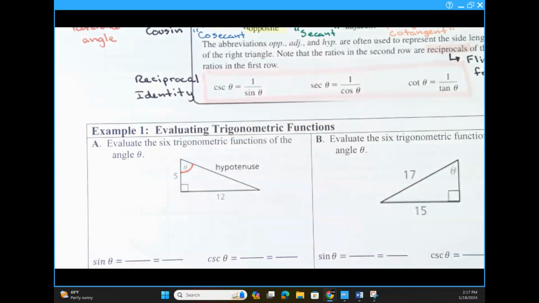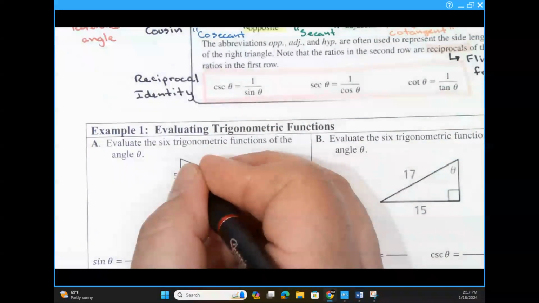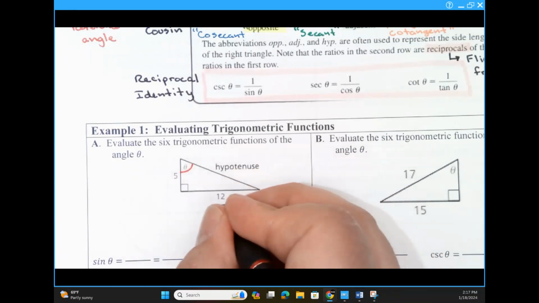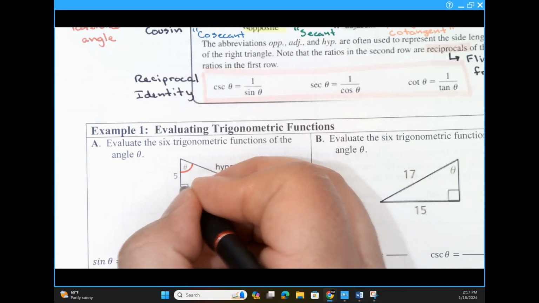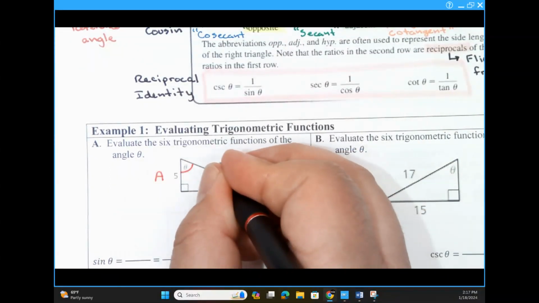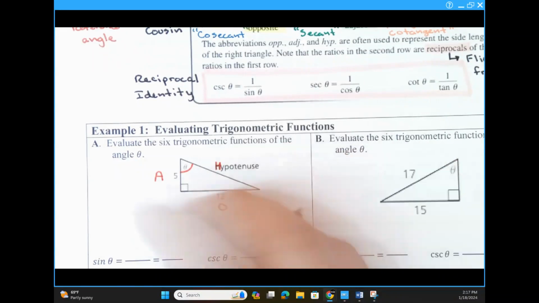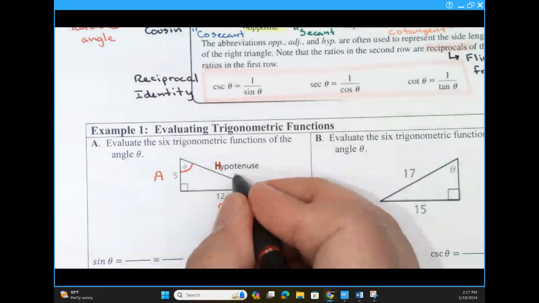There's the angle. My 12, well, this side doesn't touch that reference angle, so there's the opposite. This side touches the angle and is between the angle and the 90. It's got to be the adjacent. And well, we already have the hypotenuse right here. The only problem is we don't know what this number is. So we have to find it.